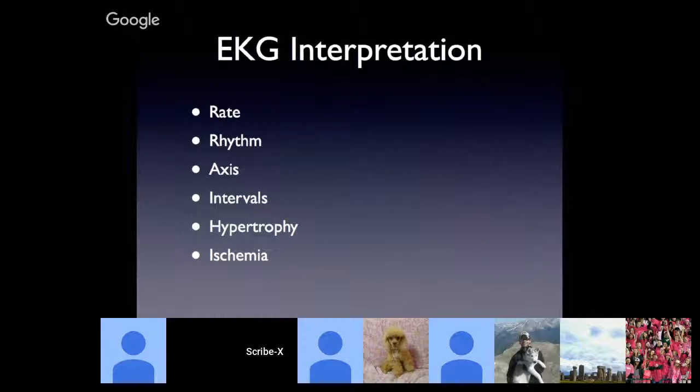Okay, everybody got that? Clear as mud? So let's move on to EKG interpretation 101. EKG interpretation always starts with rate. Is it fast or slow, or is it normal? Then we look at rhythm, something called axis, which we'll touch on briefly, and various intervals and their importance.